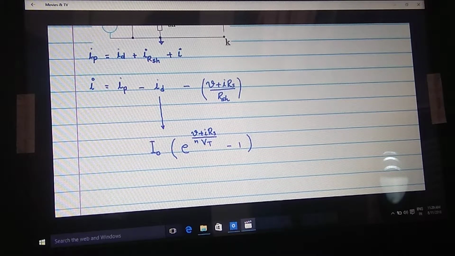Now what is Vt, N and I naught? I naught is the reverse saturation current.